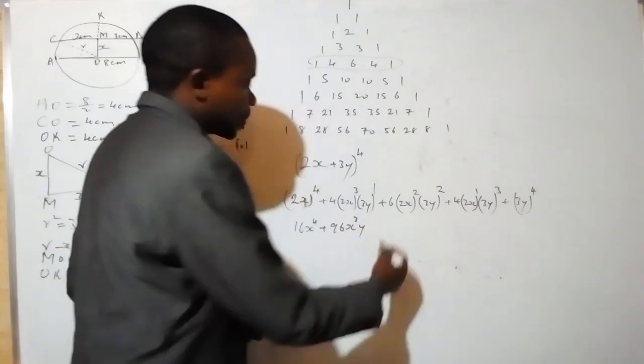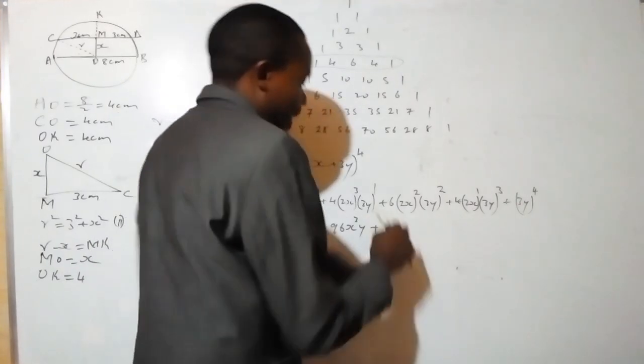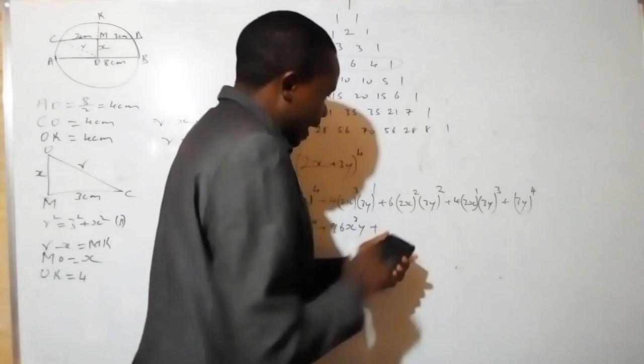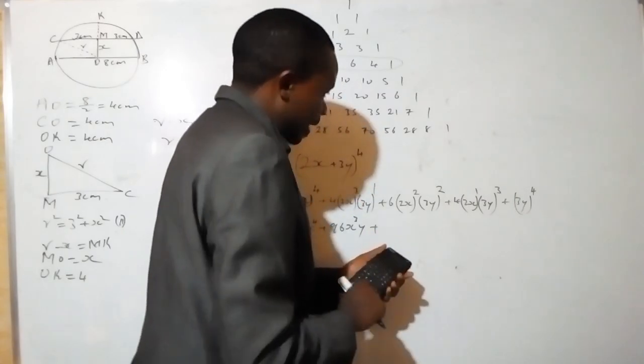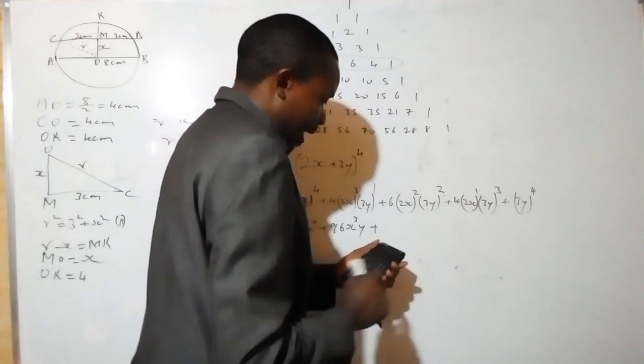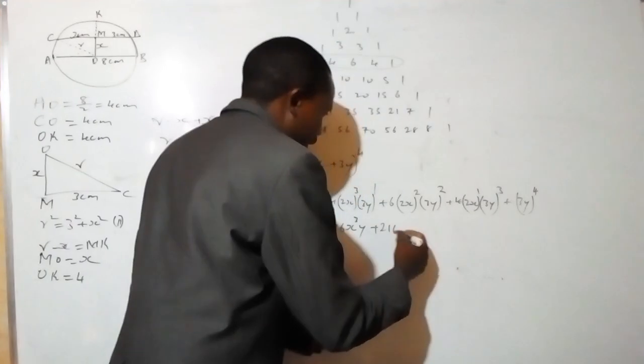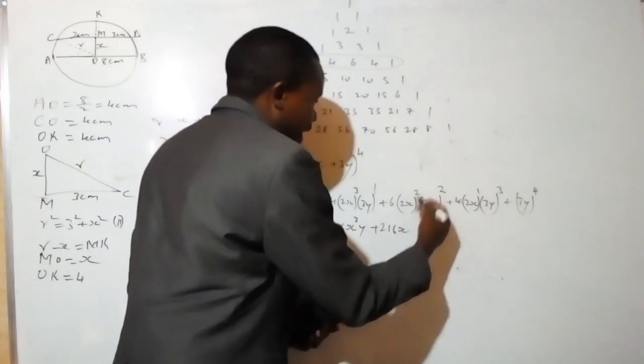Plus 6 times 2 squared, which is 4, times 3 squared, which is 9. We are going to get 216 x squared y squared.